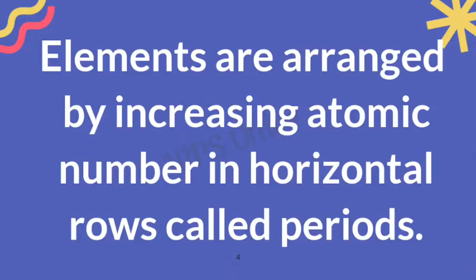Next, elements are arranged by increasing atomic number in horizontal rows called periods.